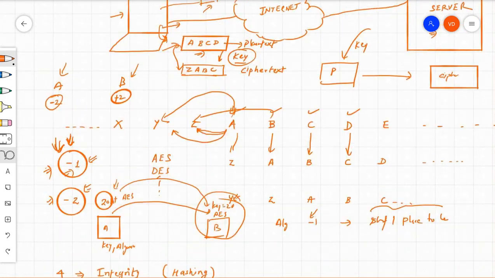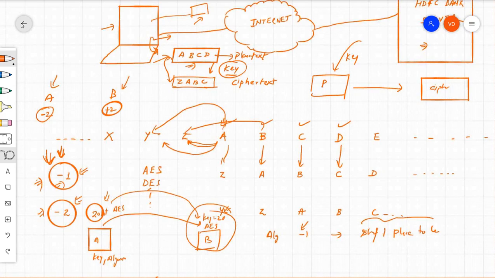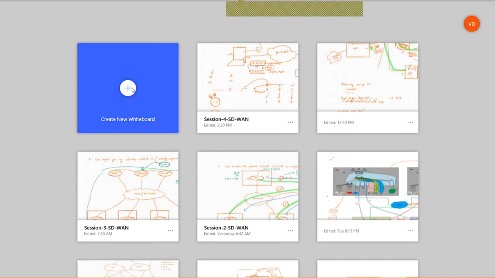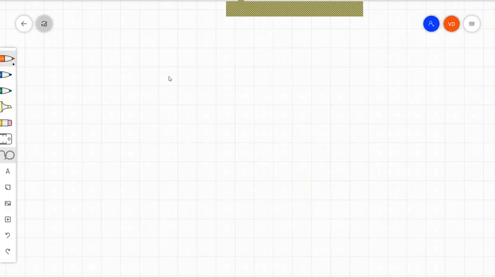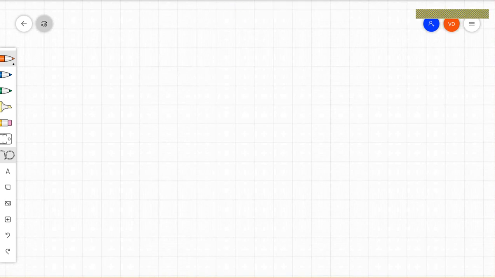Okay, so because we are explaining the concept of key here, I would like to explain basically how key works, right? So the primary thing which you have noticed here between A and B, here is A, here is B. I have suppose key 1 here.